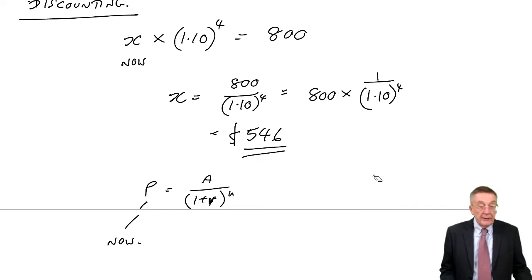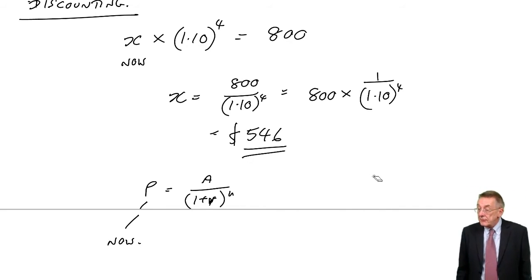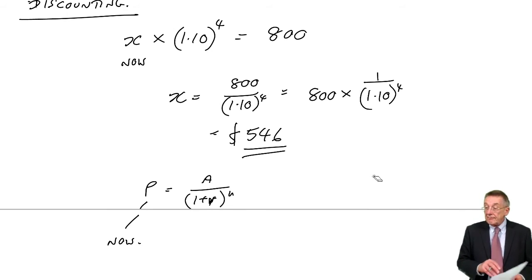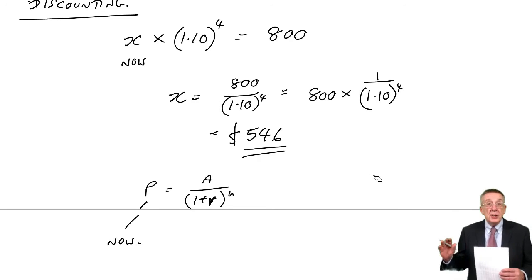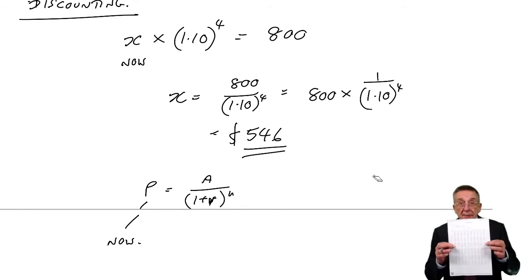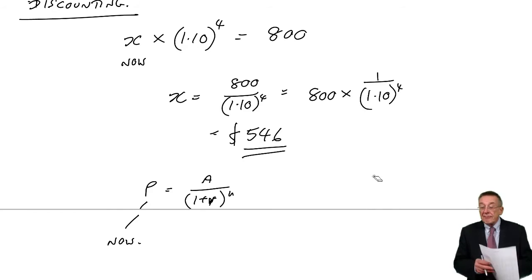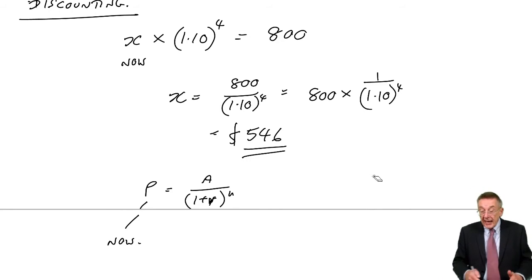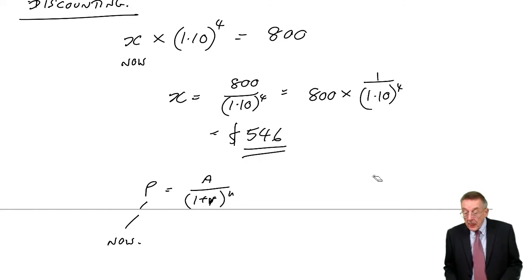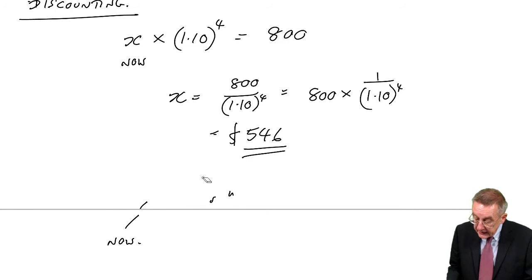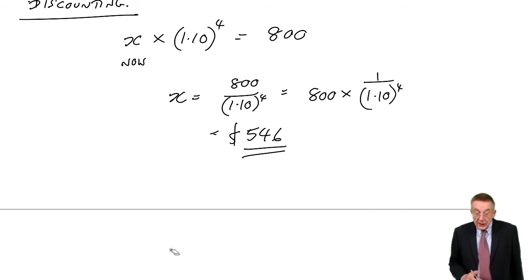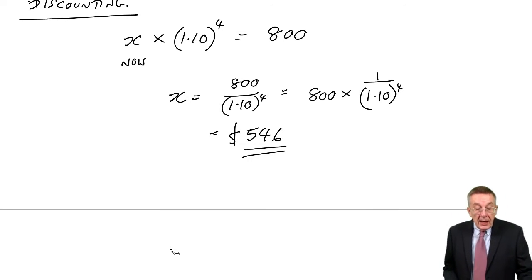And so, if you look at the front of the notes, you'll find 2 sets of tables. One's headed up present value table, and the other annuity table. Now, I'll explain annuity table later, but the present value table, if ever we need to get the equivalent amount now, as we did there, instead of dividing by 1.1 to the power 4, we can use these tables.